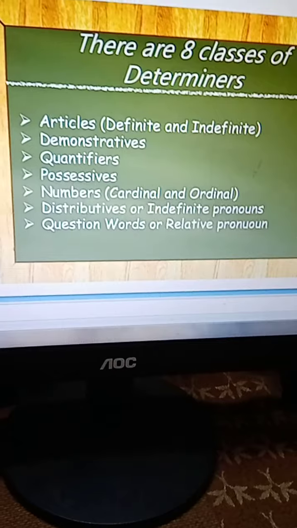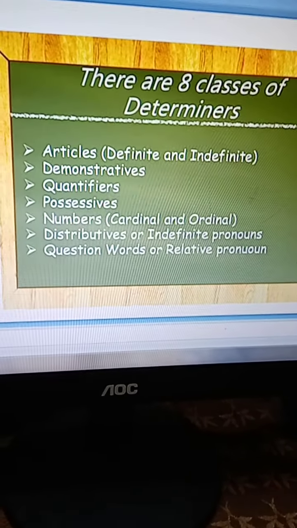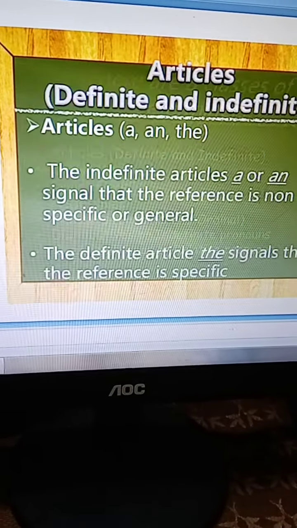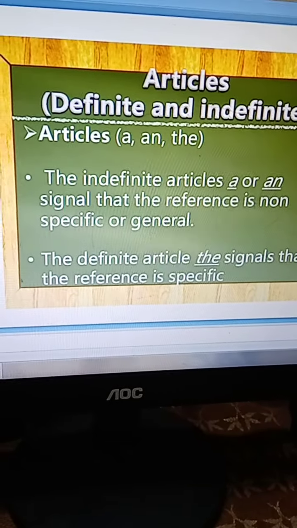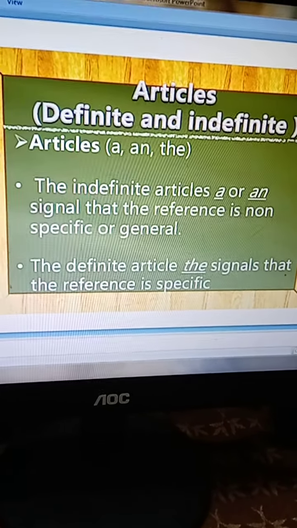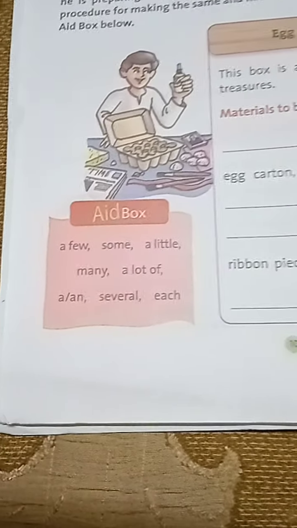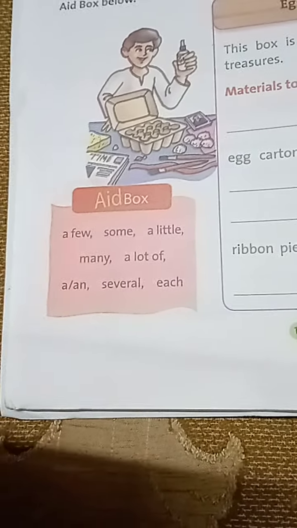These are the 7 different classes of determiners. Articles you all know. You can also see in your book where you have to learn how to use the articles a or an in worksheet number 1.